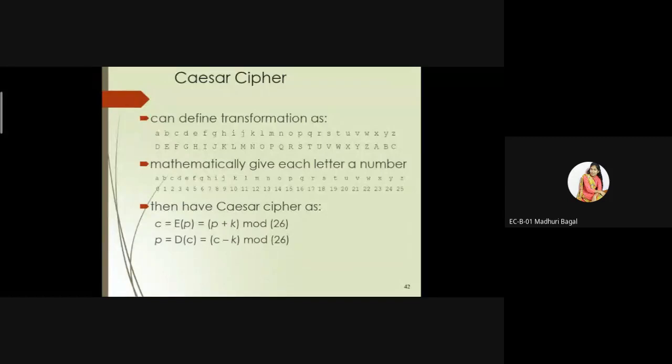Simply, in a Caesar cipher, we replace one letter by another letter.